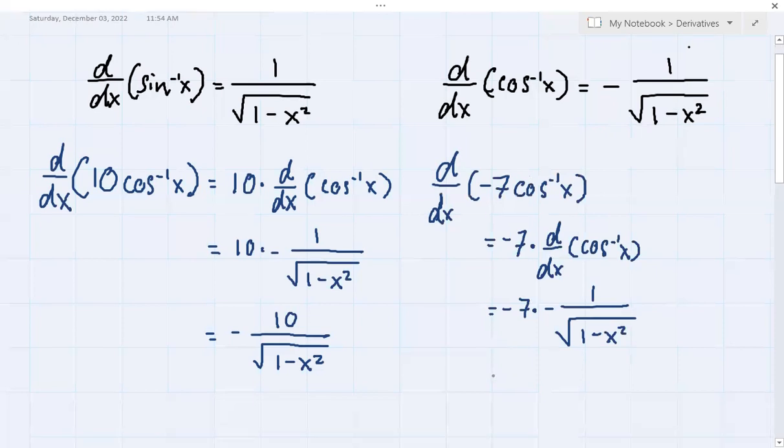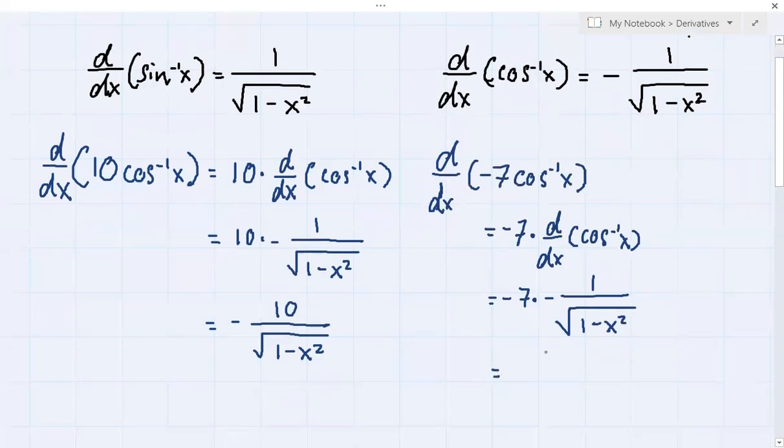Negative siya, by the way. So multiply them together, you will have positive 7 all over the square root of 1 minus x squared. And that is how you solve a given inverse trigonometric function of cosine.